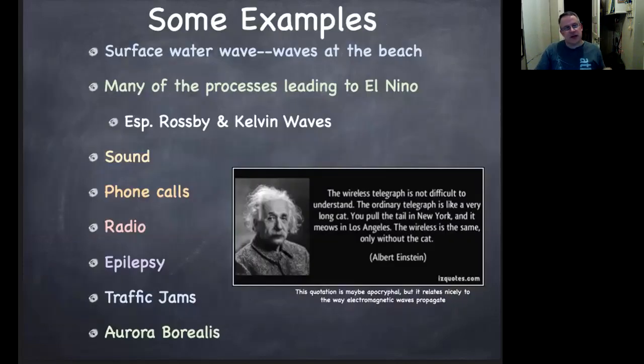There are some better examples of waves. So we talked about waves on the beach, but processes that lead up to El Nino are also waves. Rossby and Kelvin waves are important examples that we're going to talk about. Sound is a wave in the pressure and density of air or water. Phone calls are an interesting kind of wave. They're a wave that has both a sound aspect and then also a radio aspect if you're thinking of a cell phone.